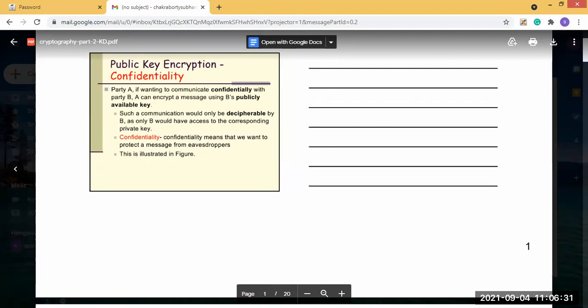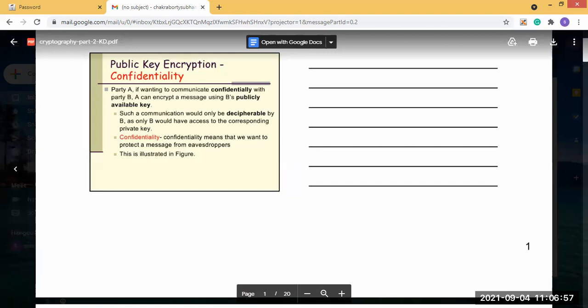Both A and B have their own public and private keys. The message A wants to send to B is encrypted with B's public key.